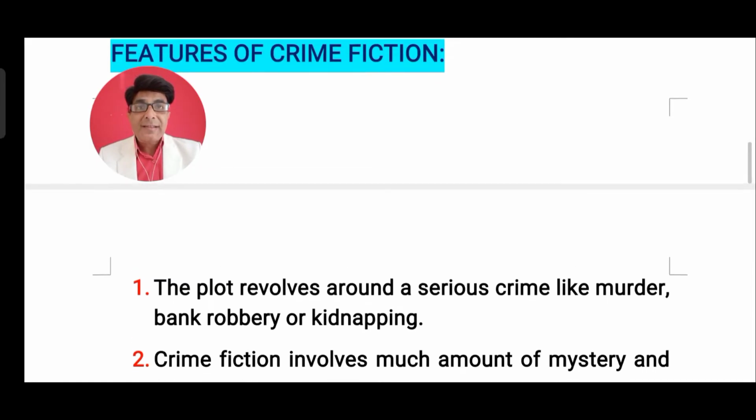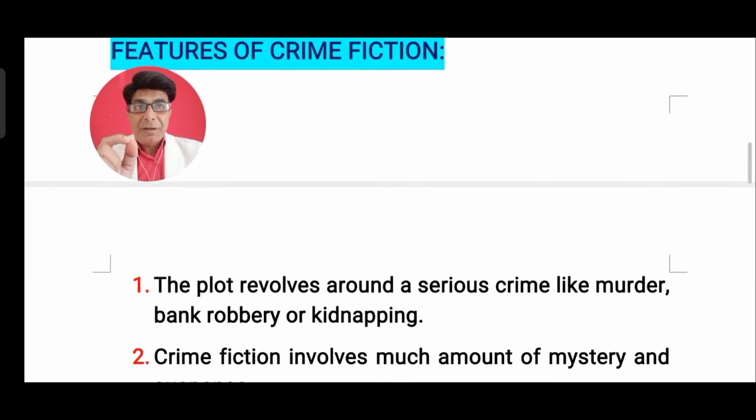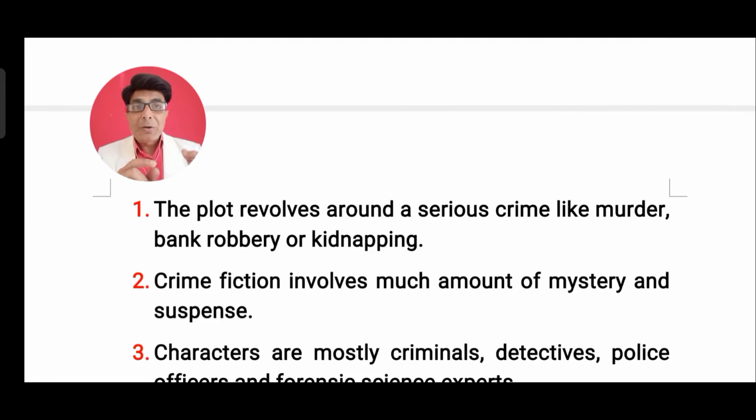Now, if someone asks you what are the important features of crime fiction, then you can say that the whole story revolves around one single crime, which is a very serious crime like someone's murder or someone committing a bank robbery, or sometimes some kidnapping is done by some characters, and so the story begins from that point onwards.